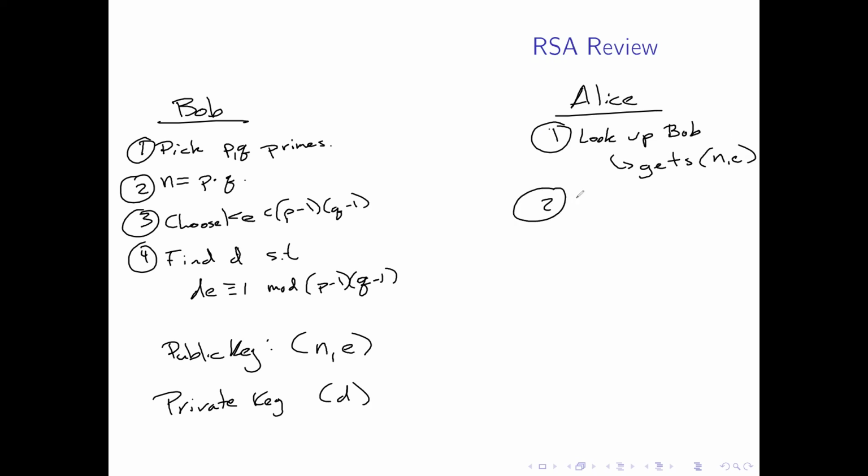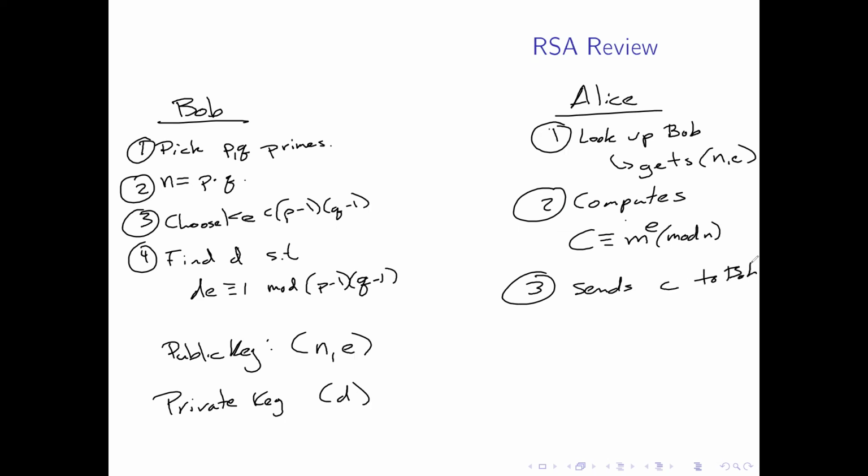So now she computes the ciphertext, which is her message M to the E power mod N, and then sends C to Bob. Now here's the really cool part.